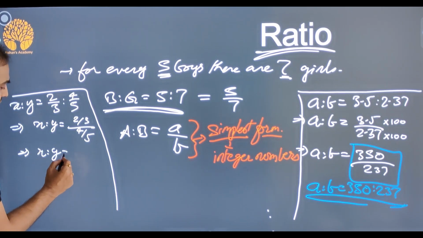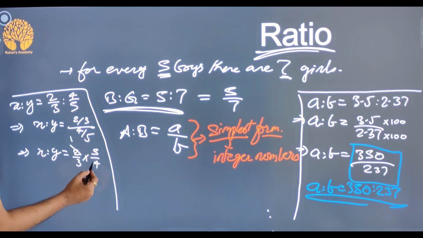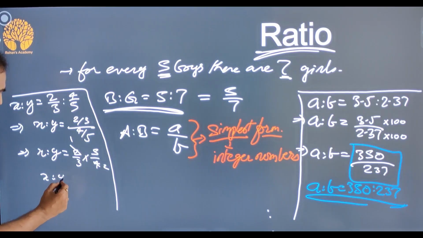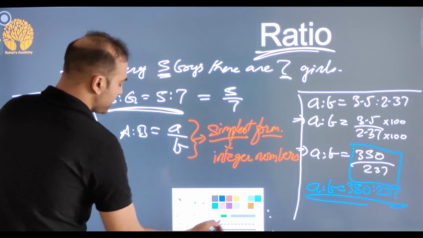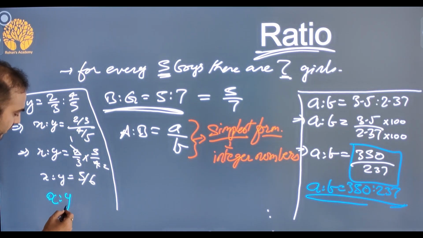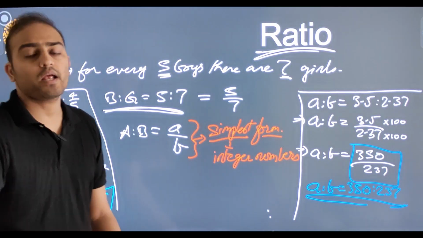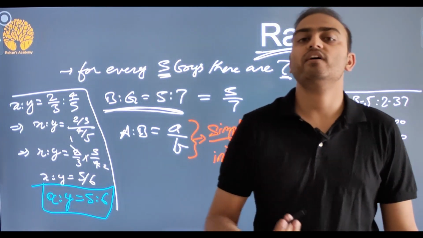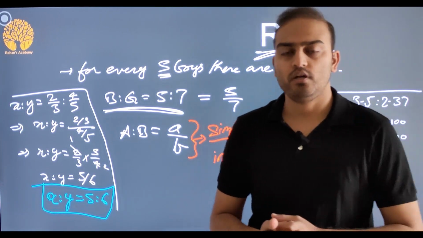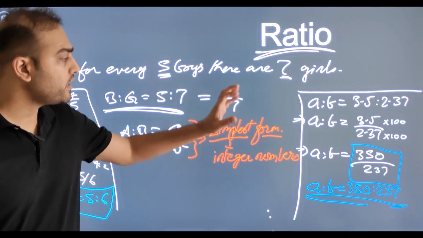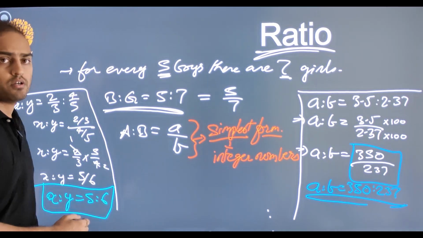We get x is to y as 2 by 3 into 5 by 4. 2 and 4 cancel out. x is to y is 5 by 6. Again, the answer becomes x is to y is 5 is to 6. The point that I am trying to make here is that you always write ratios in integer form and simplest numbers. We don't want decimals. We don't want fractions. We want integer numbers.